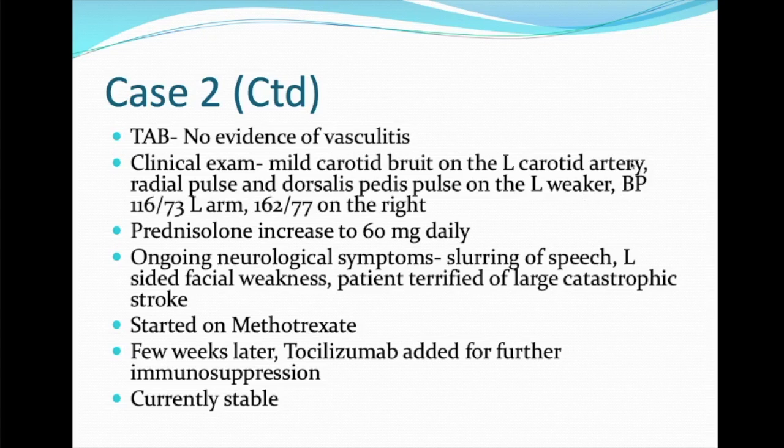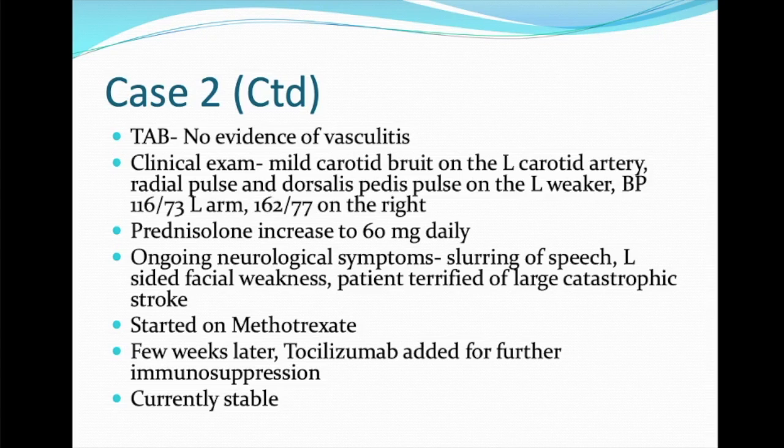So at that point in clinic, the rheumatology consultant advised increasing her steroid to 60 milligrams daily. And unfortunately, she went on over the next couple of days to develop further neurological symptoms, including slurring of her speech, left-sided facial weakness, and understandably, the patient was terrified of a large catastrophic stroke, which luckily didn't happen.